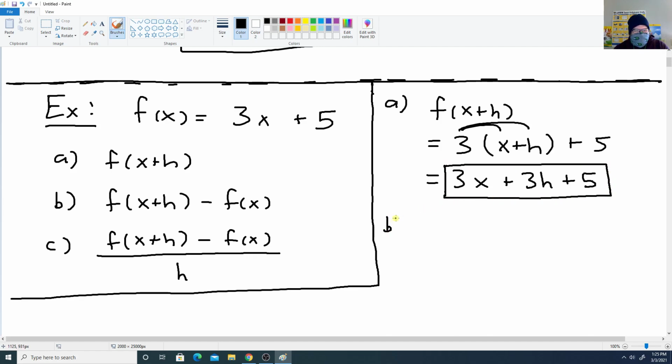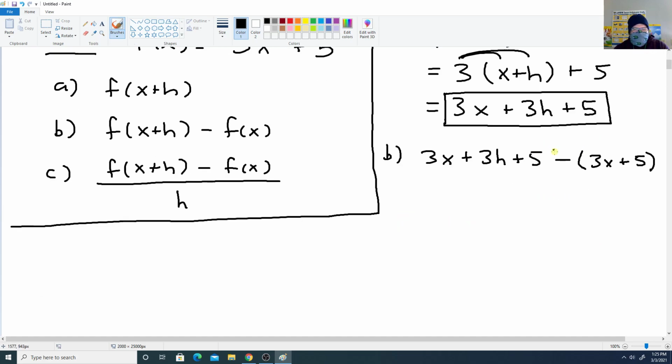So part B wants us to take f of x plus h, which in part A we just calculated. F of x plus h was 3x plus 3h plus 5. And they want us to subtract from it the f of x term, which is 3x plus 5. So in order to do that, we'll distribute the negative sign here.